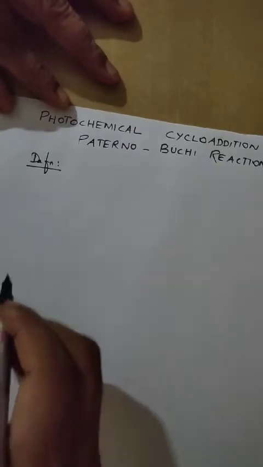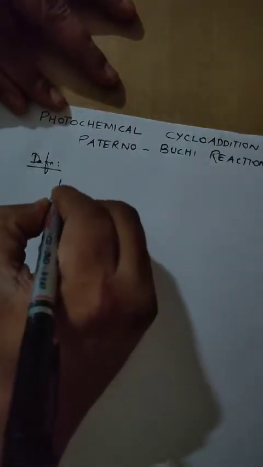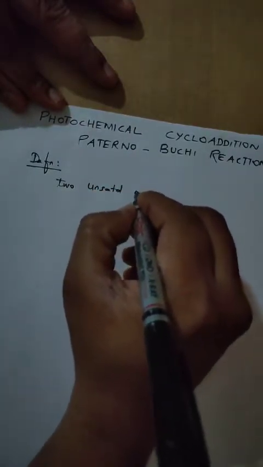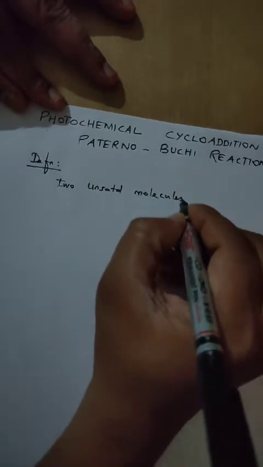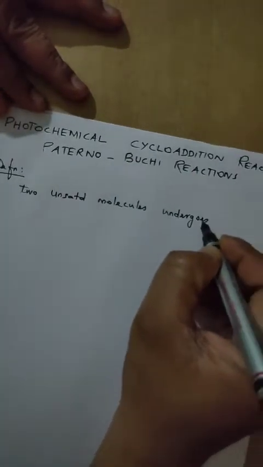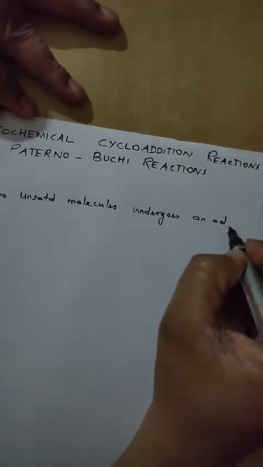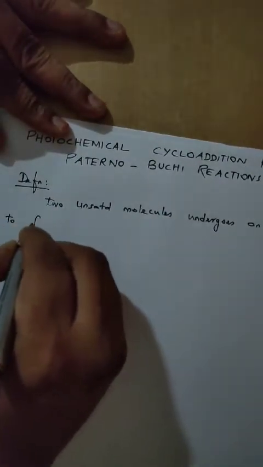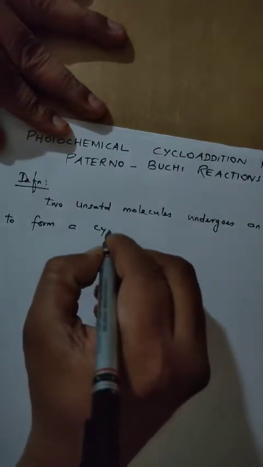The definition for a cycloaddition reaction is: two unsaturated molecules undergo an addition to form a cyclic product.